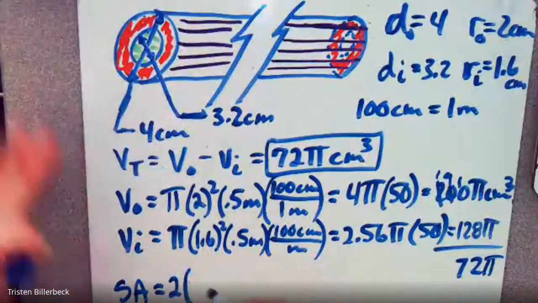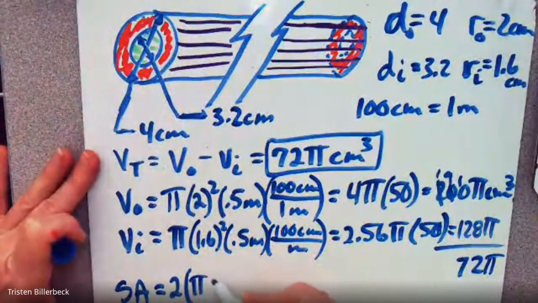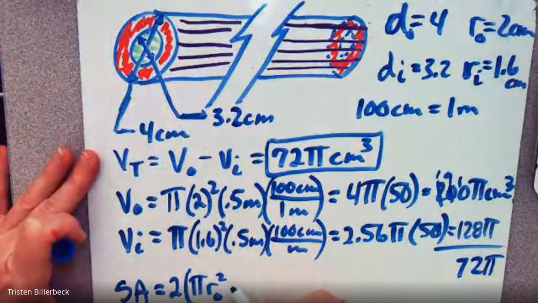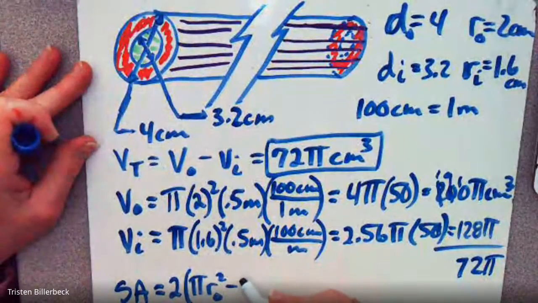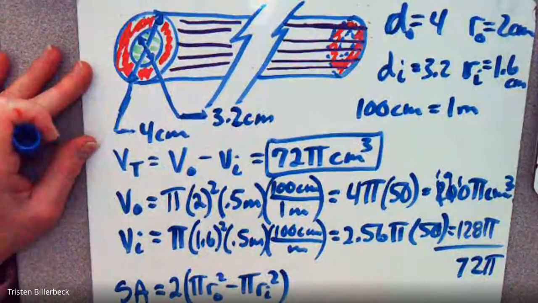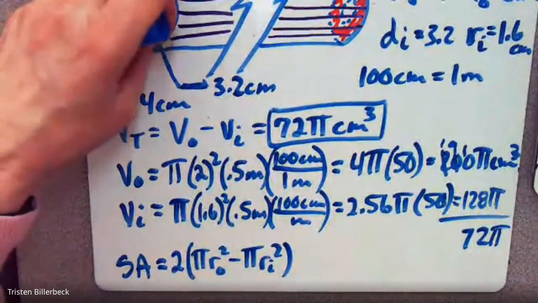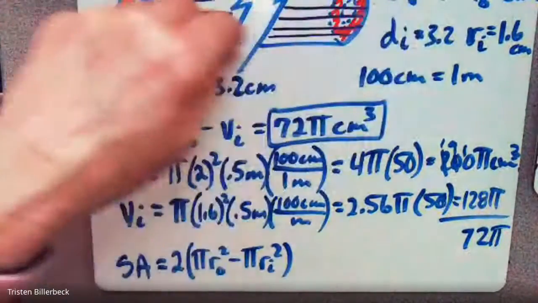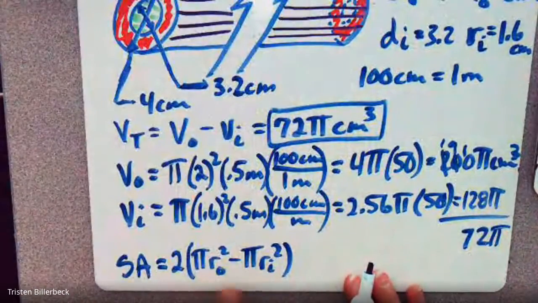Silly me. The area of the outer, pi radius outer squared, minus the area of the inner, so pi radius inner squared. Okay, so twice this because I have 1 here and I have 1 here. So I have 2 annuli. So that's going to get me my annulus.